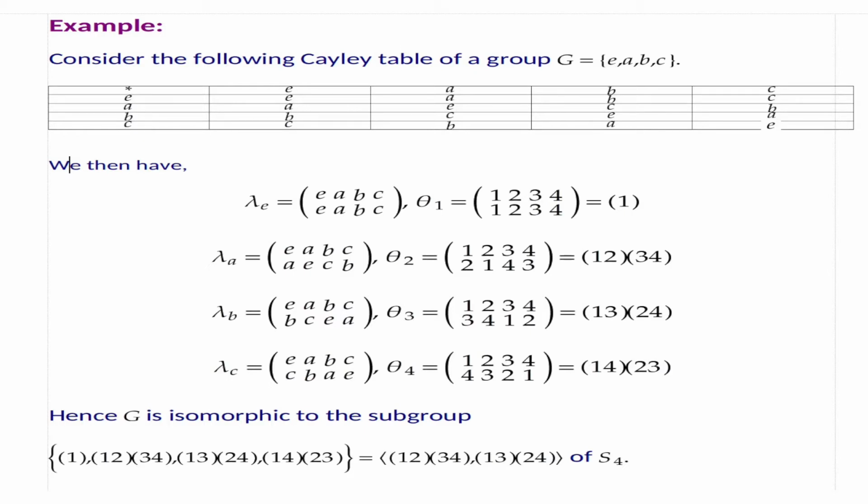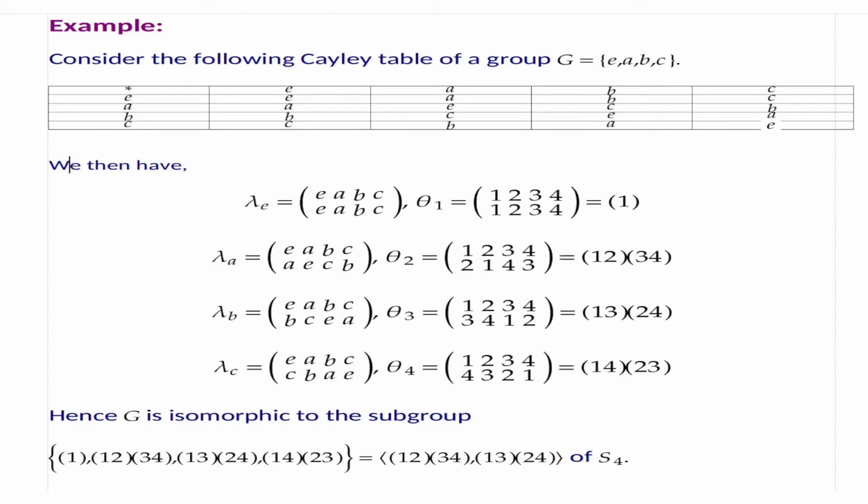Now lambda B will be E goes to B, A goes to C and B goes to E, and then finally C goes to A. And so theta 3 correspondingly will be 1 2 3 4, and 1 goes to 3, 2 goes to 4, 3 goes to 1 and 4 goes to 2. So it can be represented as the product of the two cycles 1 3 and 2 4.